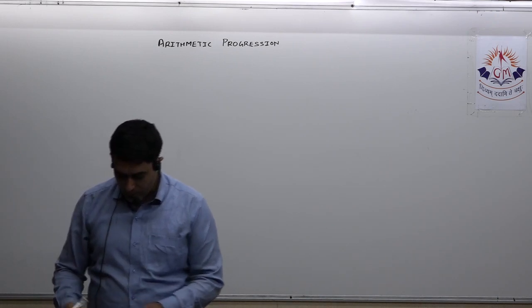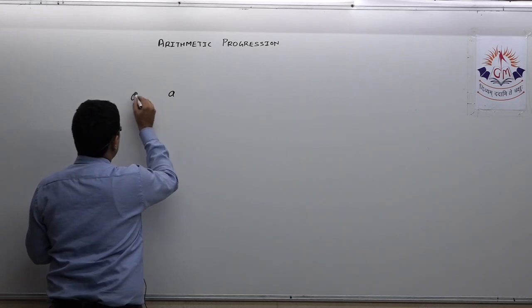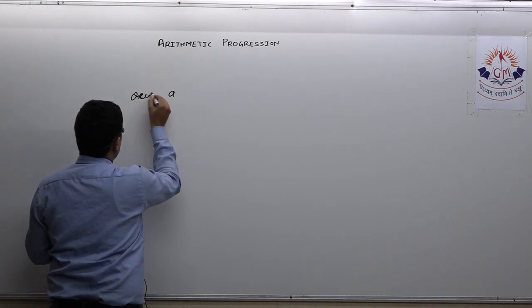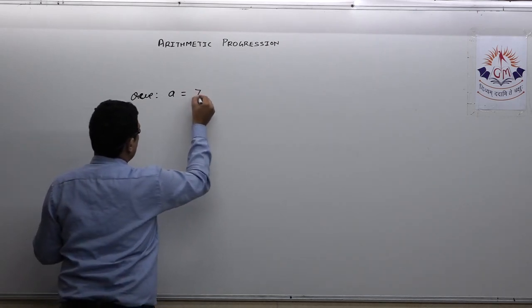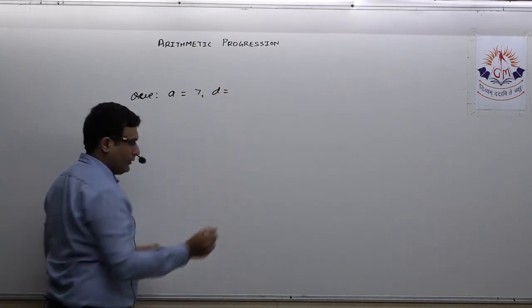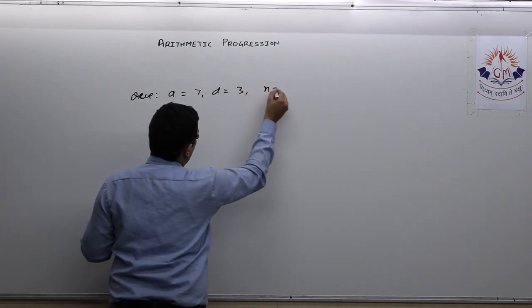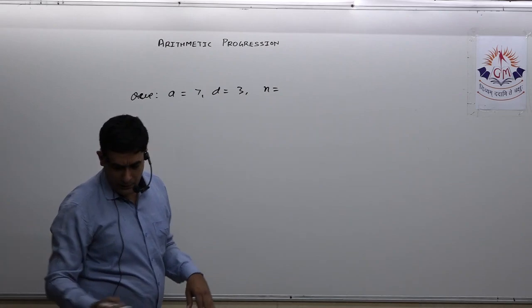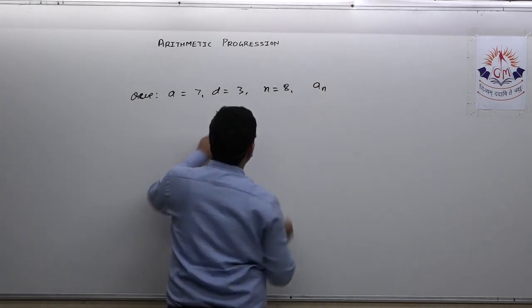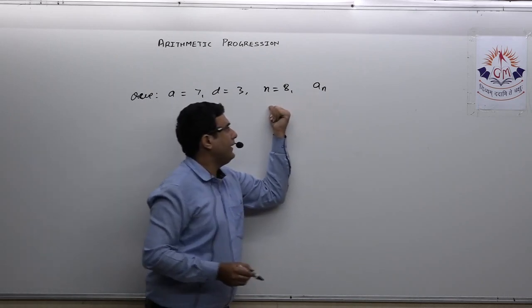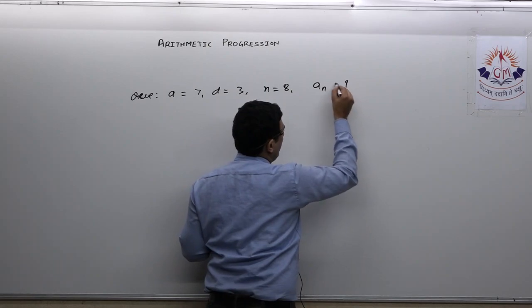Next question. Let us see how to do it. The value of a is given as 7 for an AP. a equal to 7, d is equal to 3, n is equal to 8. So you have to find an. That means you have to find the eighth term. When I say n equal to 8 and to find an, that means you have to find the nth term.